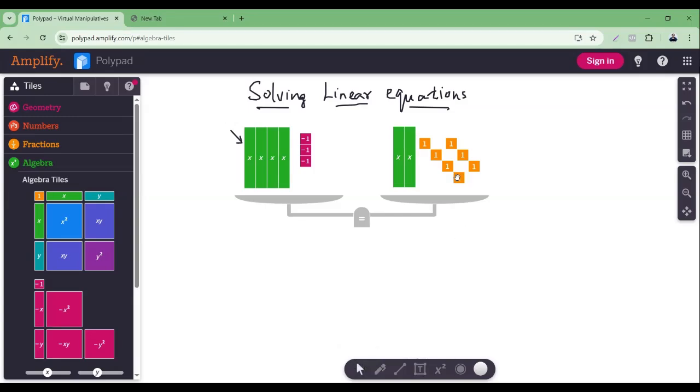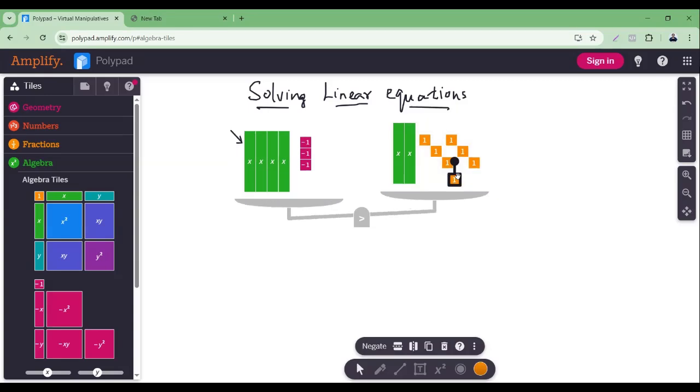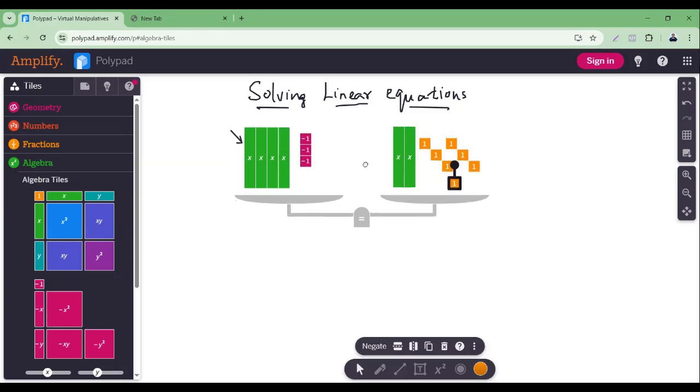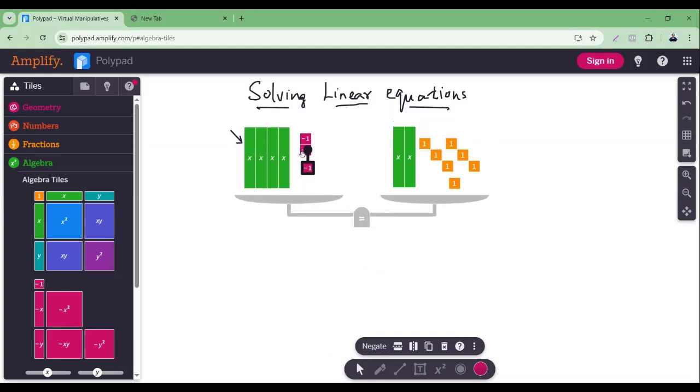Now, if I remove this, are you seeing how it is moving up and down? So with a weighing balance, when you lift one side, it topples the other side, and things like that will happen. That's a weighing scale. And if you notice here, there is an equal to sign.